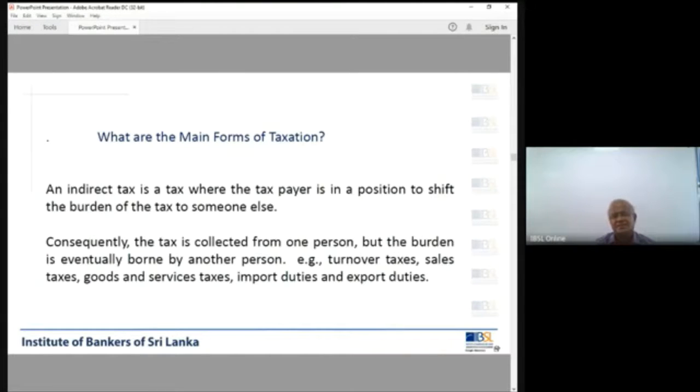Turnover taxes, sales taxes, goods and services tax, import duties, export duty. So you can restrict imports by imposing taxes, or you can restrict imports through direct regulations.